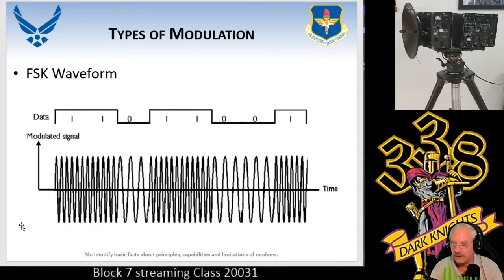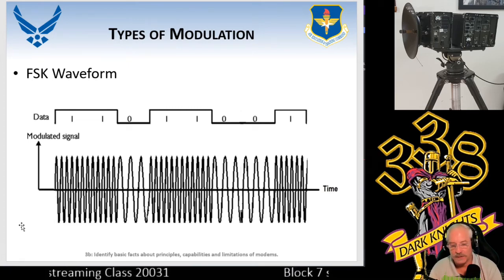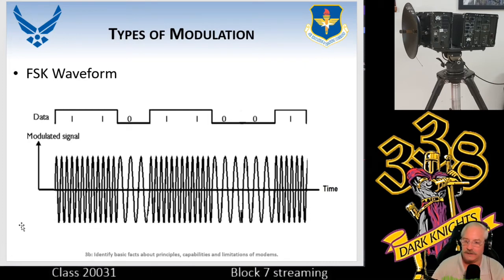It only changes whenever there is a different number that comes into play. So ones and zeros are interchangeable when it comes to staying the same frequency. So you can see we have 2 zeros in a row, we have 2 ones in a row. The frequency never changes. Kind of looks like NRZ, doesn't it?